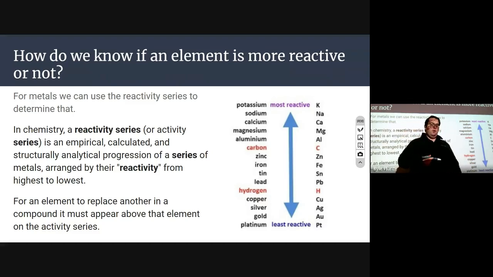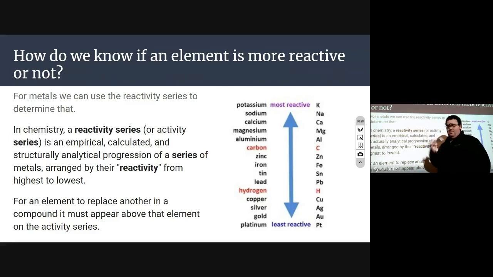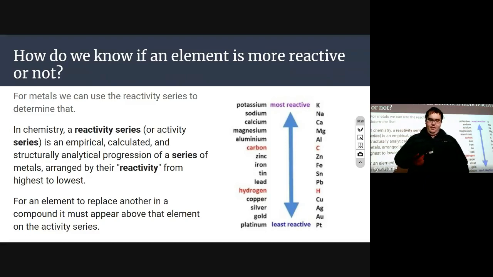In order for the element to replace the other element in the compound, it has to be higher up on that activity series. So for instance, if you have a compound like lead chloride and you react it with lithium, lithium is higher up on the activity series than lead, so lithium will replace the lead.